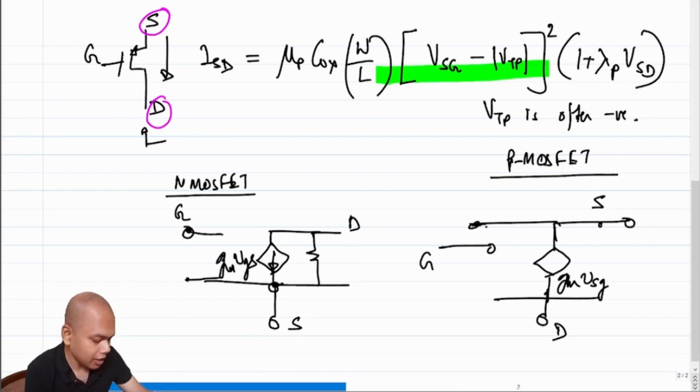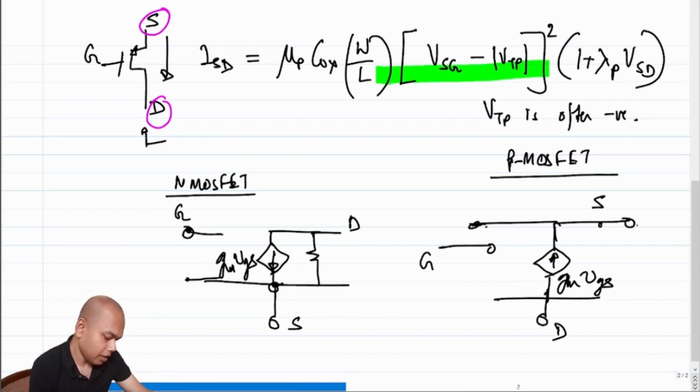But if we want an equivalence between the n-MOSFET incremental model and the p-MOSFET incremental model, and we don't want to remember anything new, then we will say that we'll use Gm times VGS. And what will be the current direction? The current direction will be looking up.